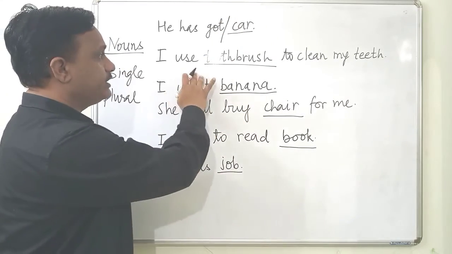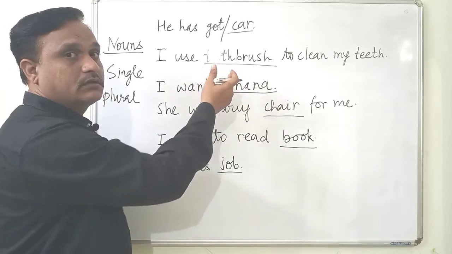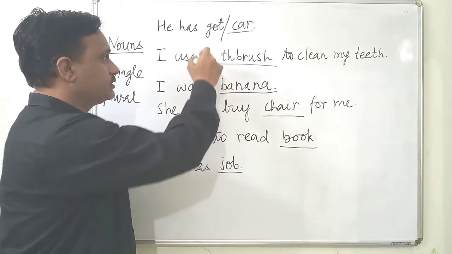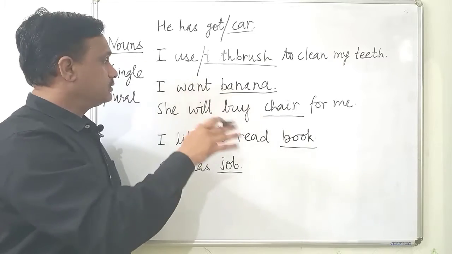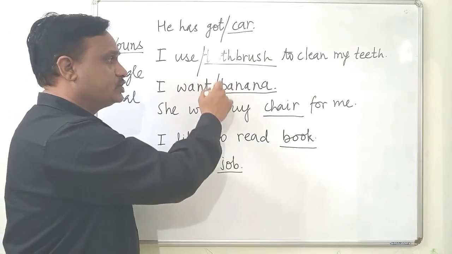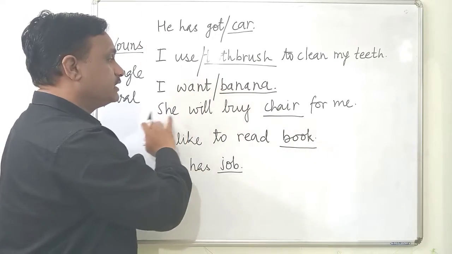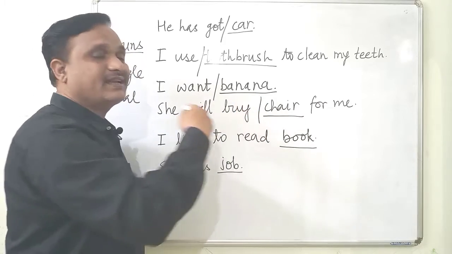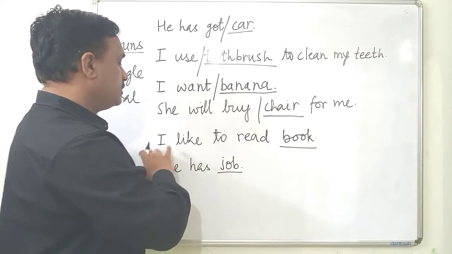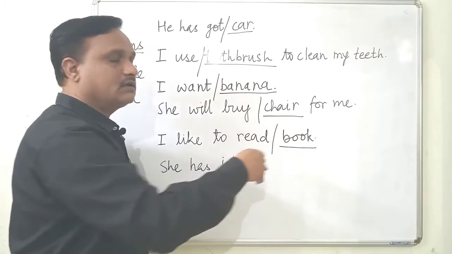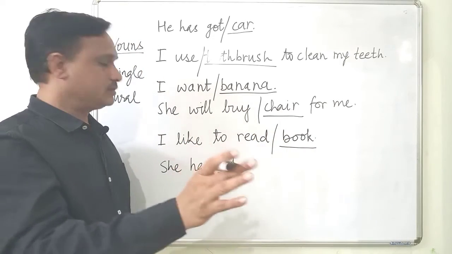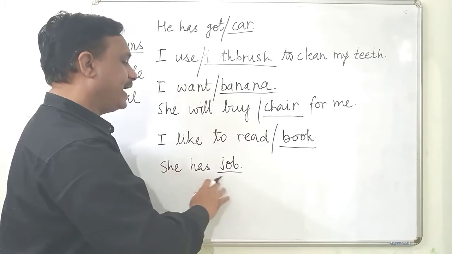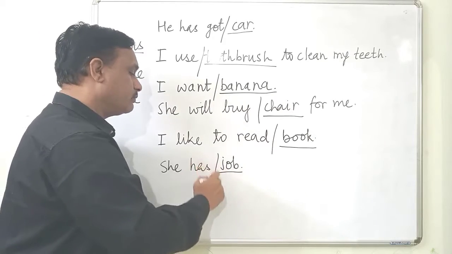Here also, I use toothbrush. Now this is a common toothbrush, in general. I want banana. This is in general. This is one banana. She will buy chair. This is again any common chair. I like to read book. Any book, common book, general book. She has job, any job.